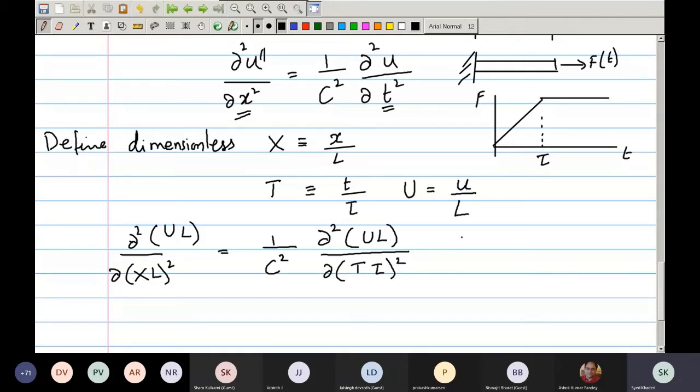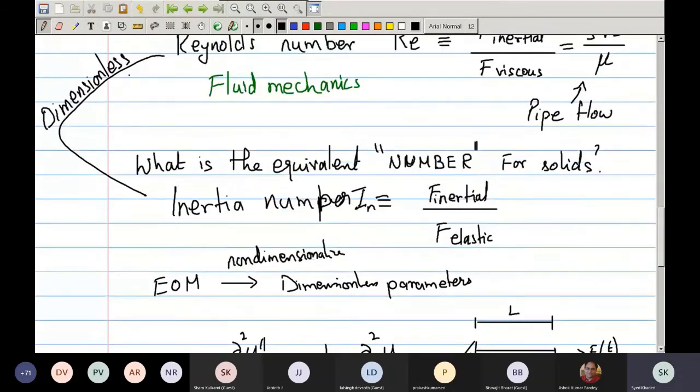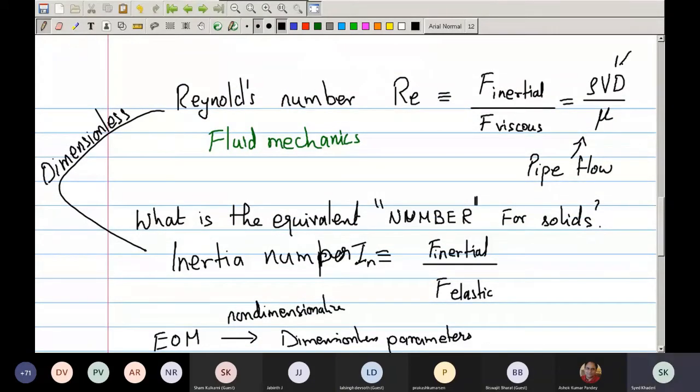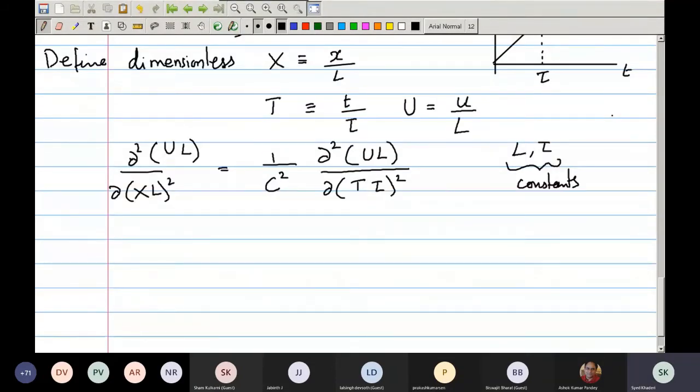Here remember that your L and your tau are constants. For example, in the Reynolds number, your diameter and your velocity are constants. Now you can rearrange this.